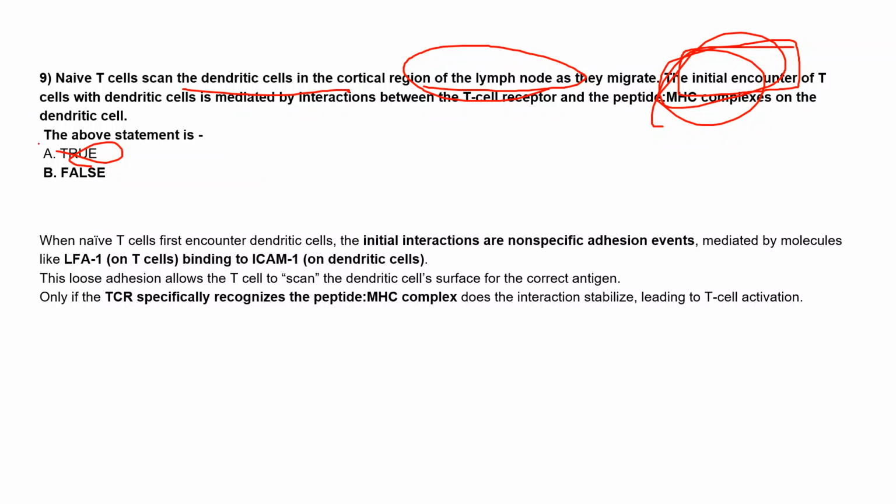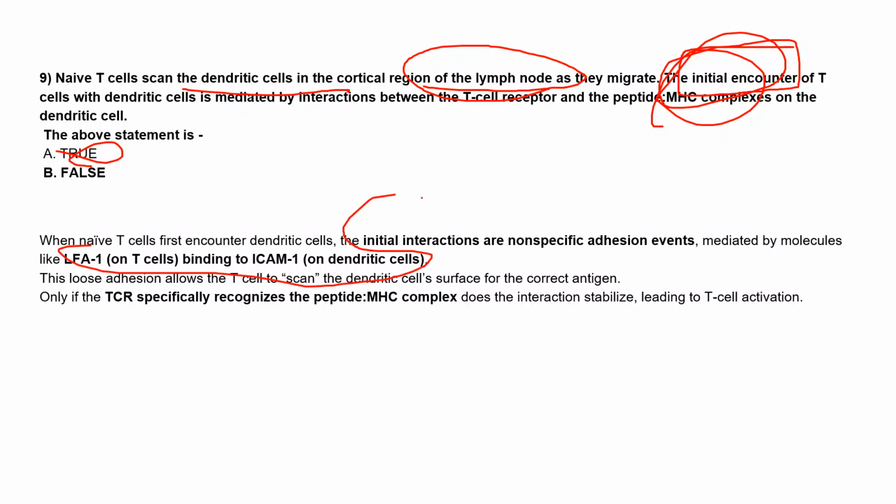dendritic cells. But before that, this is not the very first encounter of these dendritic cells. The first encounters are very non-specific adhesion events. Sometimes people do not discuss this event and skip this information. In the previous lecture I also didn't mention this.